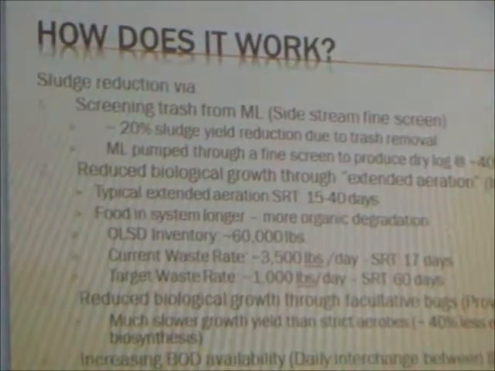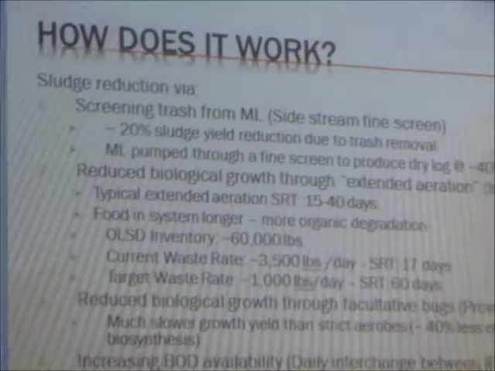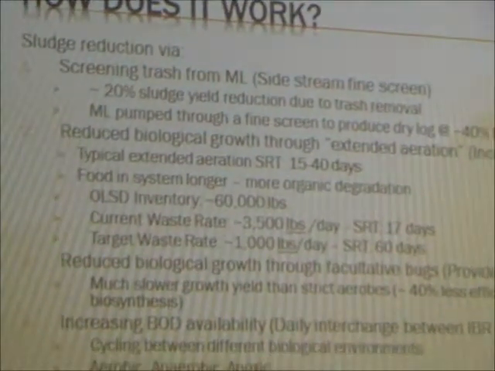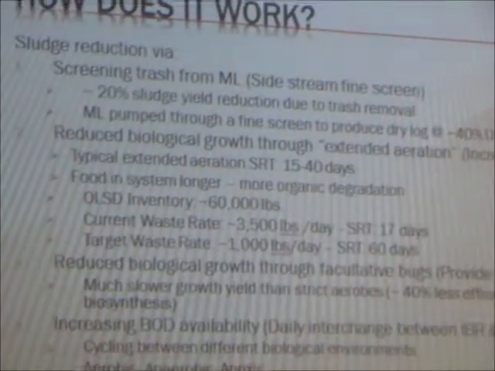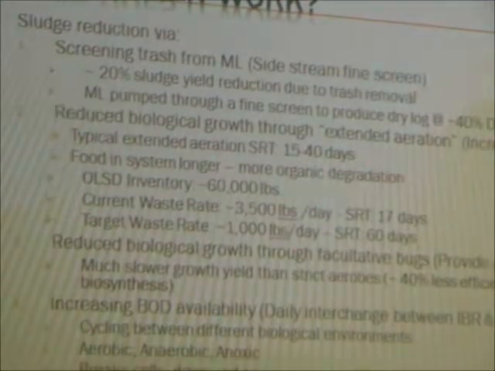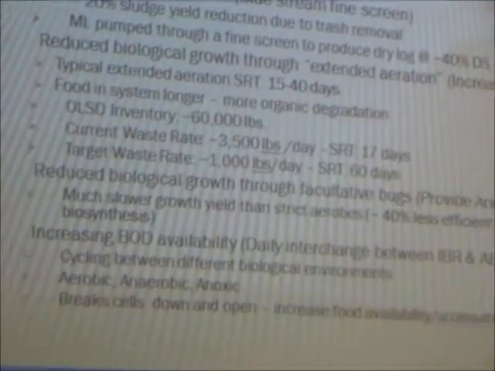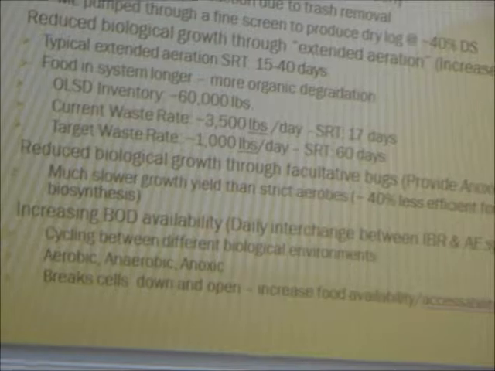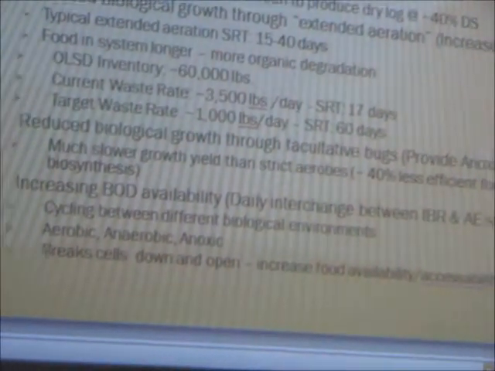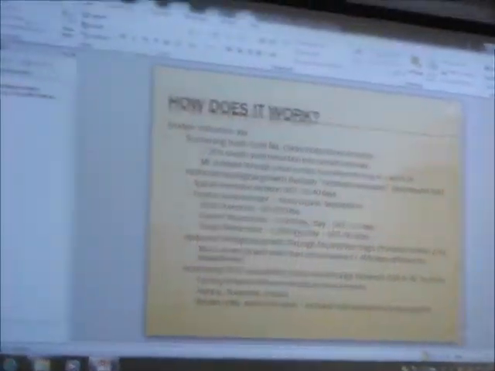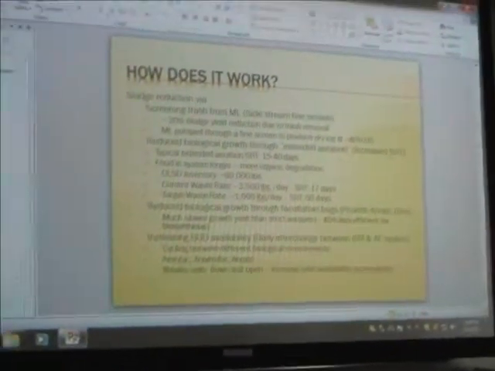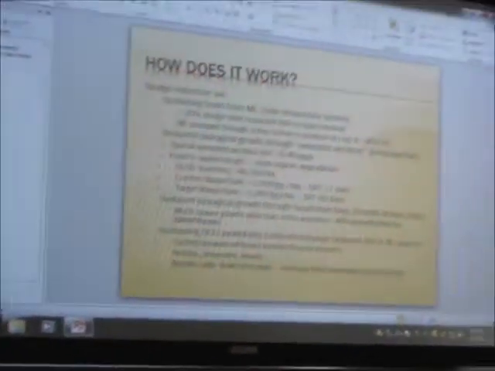So I know you have headworks and you have screens and grit removal, but a lot of material gets through those screens and makes it into your aeration system, and it's very finely ground down toilet paper and rags, so part of the process is continually removing part of the mixed liquor, pumping it to a fine screen, and removing the trash that's in the mixed liquor.